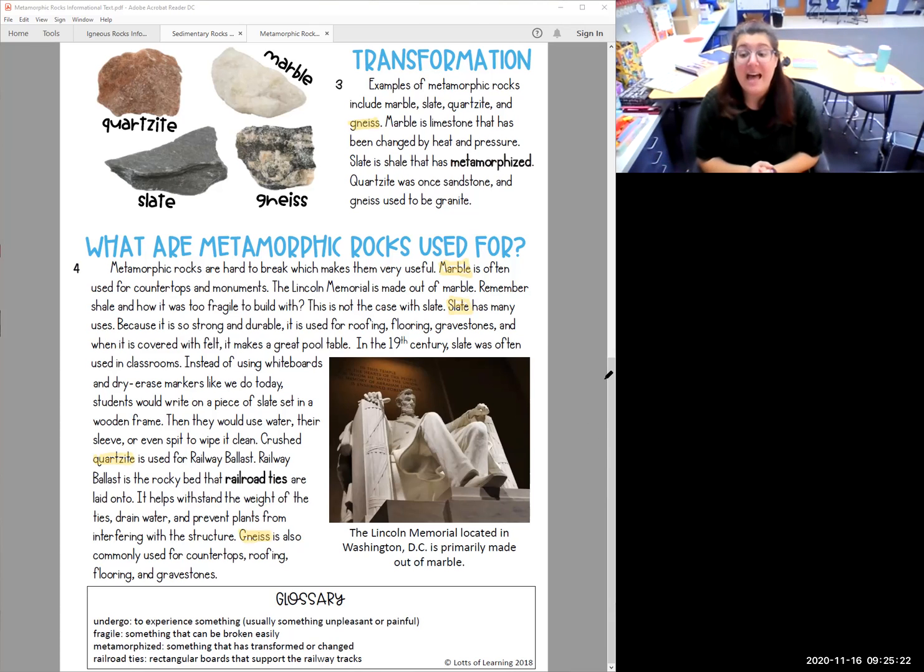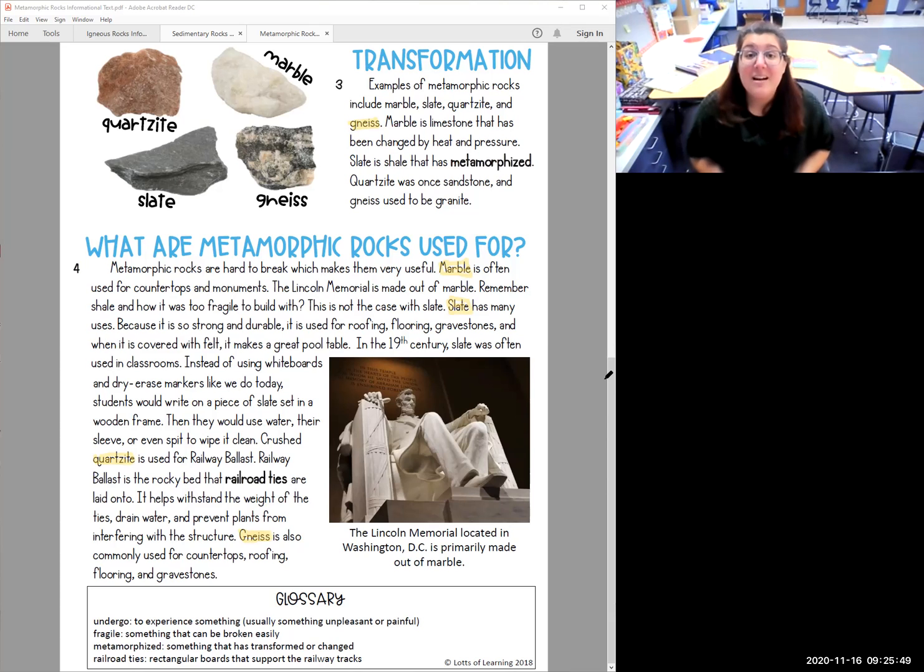All right, that is all three of our informational texts. We have read them, we have highlighted, we have annotated. We are ready to write an informational essay. But remember, there are 5 steps to the writing process. This is kind of part of the pre-writing stage of the writing process. We're doing our research.